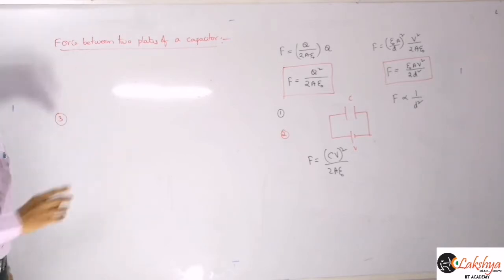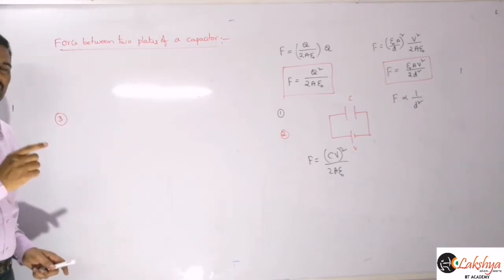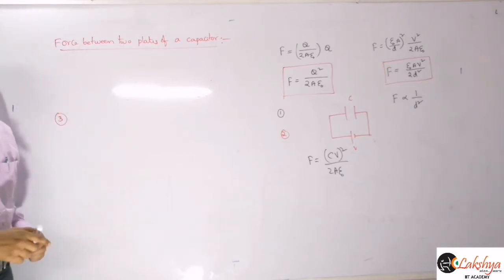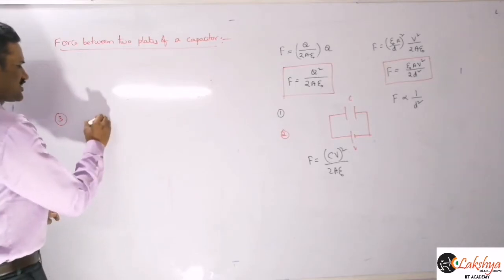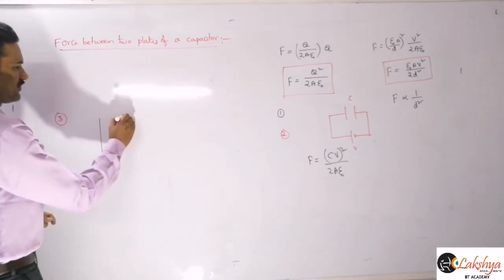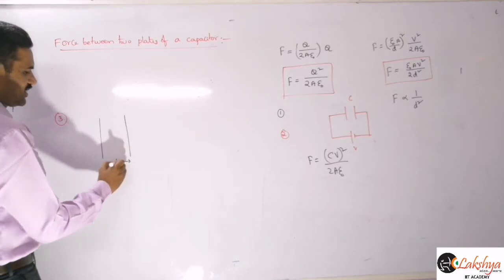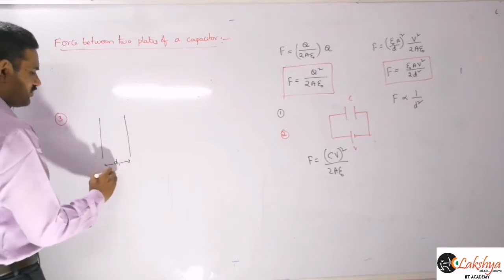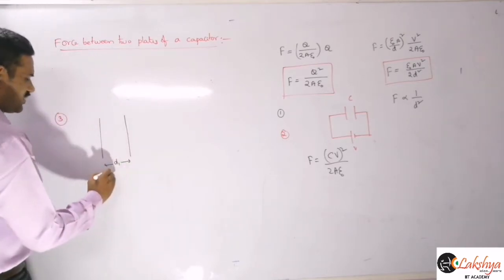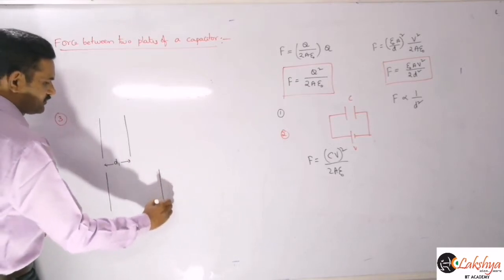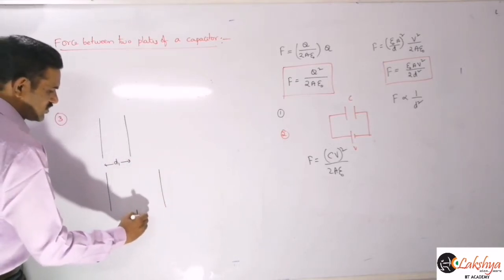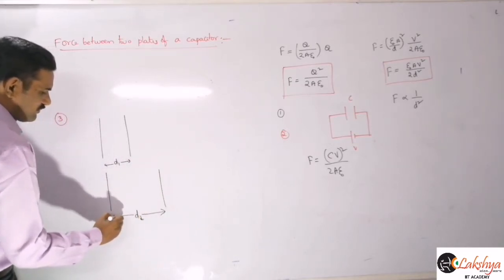In case of an isolated capacitor first, let us discuss. Isolated means charge on the capacitor remains constant. So now suppose this separation is increased from D1 to D2. The initial separation is D1, and now we are increasing this separation from D1 to D2.